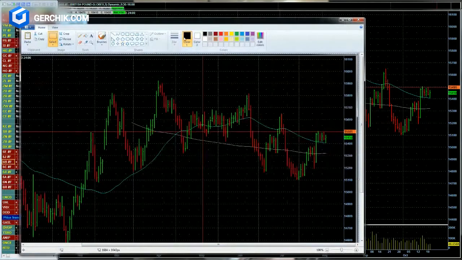Okay, that's the level that we have right here. You see, you understand one thing. Once we break 155, we can really work with the short stop. We don't have to put a very large stop somewhere here, for one simple reason. If we're going to break 155, close above 155 and go higher, you can put the straight stop right below the 155. That's the most important thing.